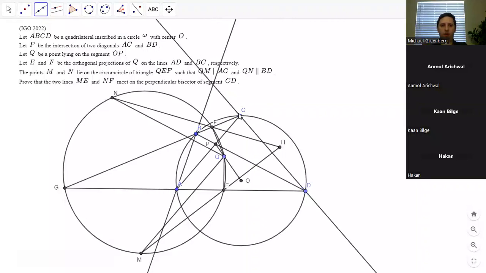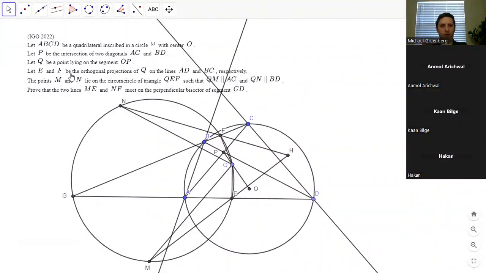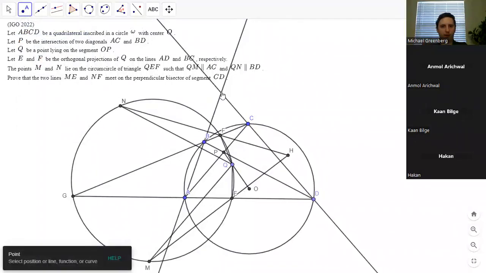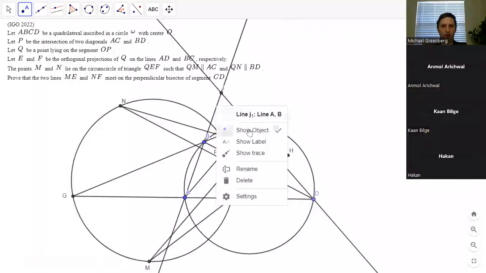So, yeah, might be helpful to draw this point right here. So then we have OP is perpendicular to IG.